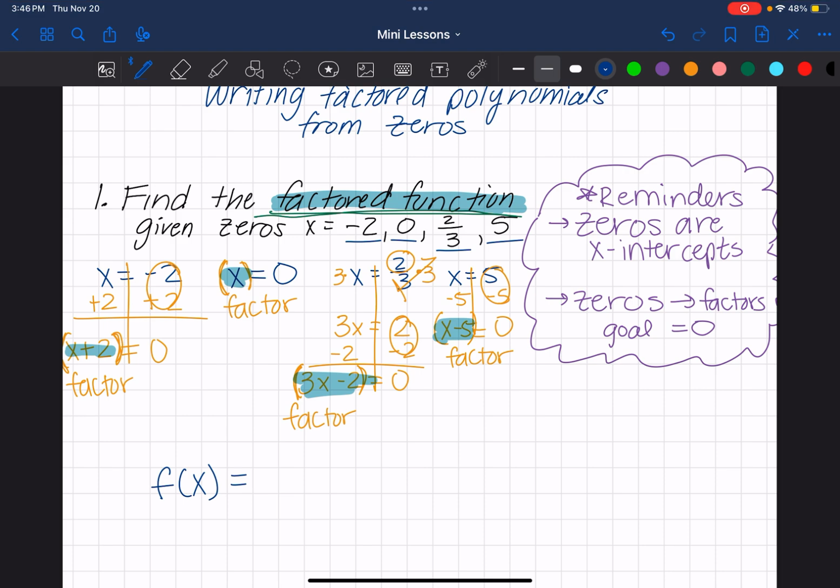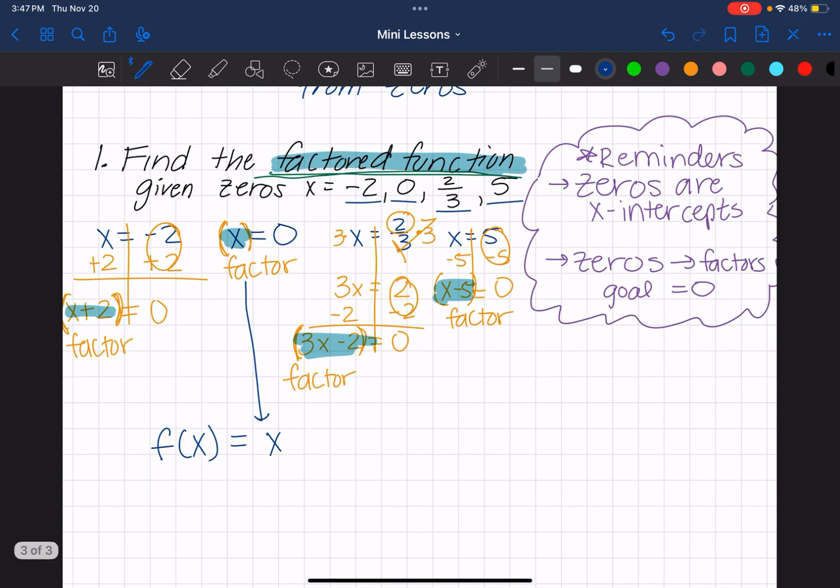Now, with multiplication, order does not matter. However, when we write our factors, there is a specific type of factor that should go first to make it proper. And that is when we have a factor of just x. So the second zero that we solved for, we got a factor of just x. We want that one to go first. Again, this is just so we can have it be proper.